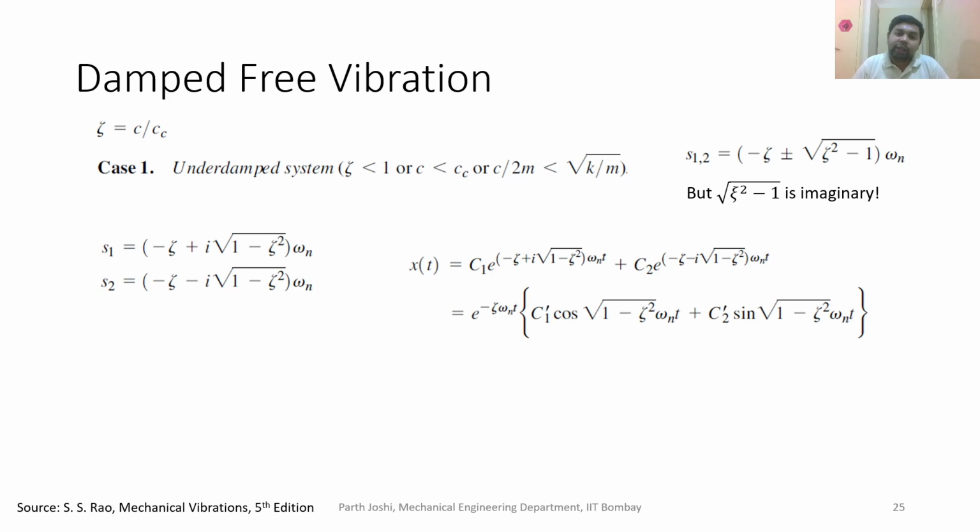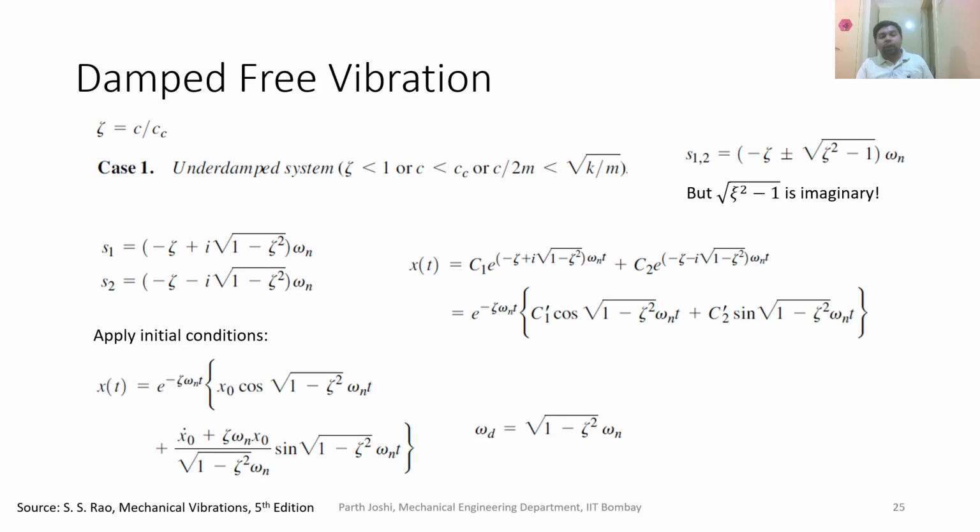Using that, we can write e to the power i omega t as cos omega t plus i sin omega t for both parts of this general solution. Then by rearranging those terms, we get two different constants, c1 prime and c2 prime, which are the coefficients of cos omega t and sin omega t. Those we will again be able to find from the initial conditions.